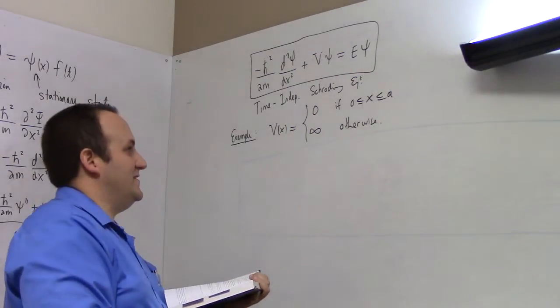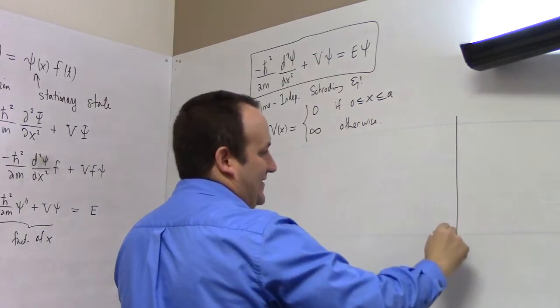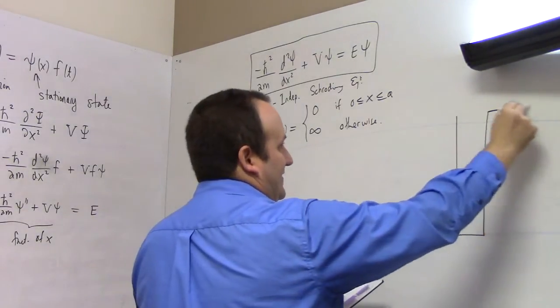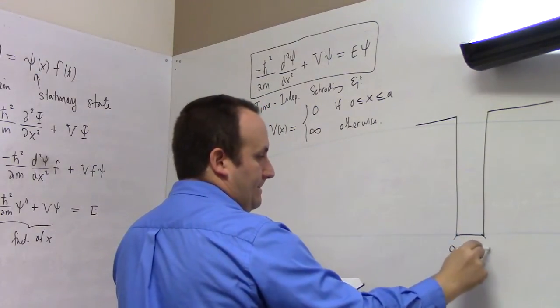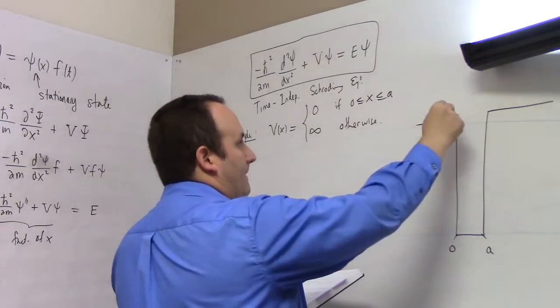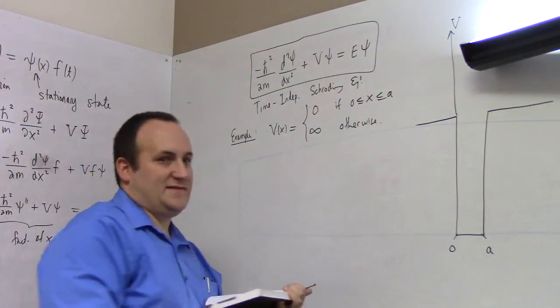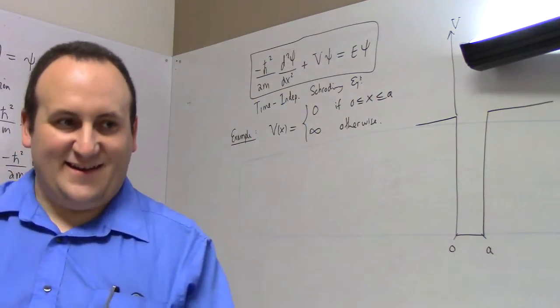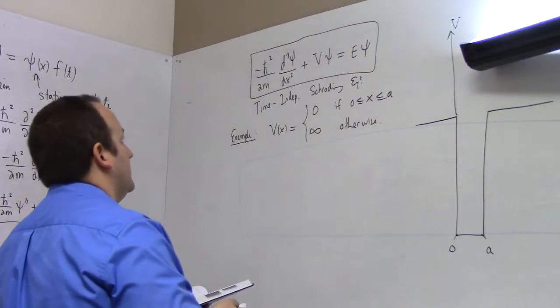So if I was to draw a potential energy diagram, it's kind of like this. But that doesn't quite do it justice because it's infinity.